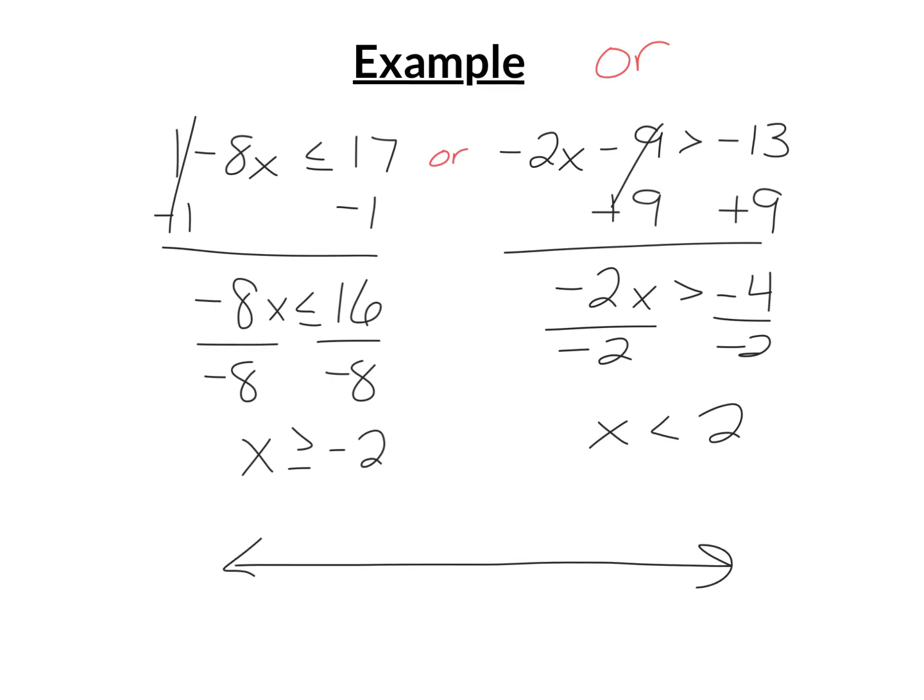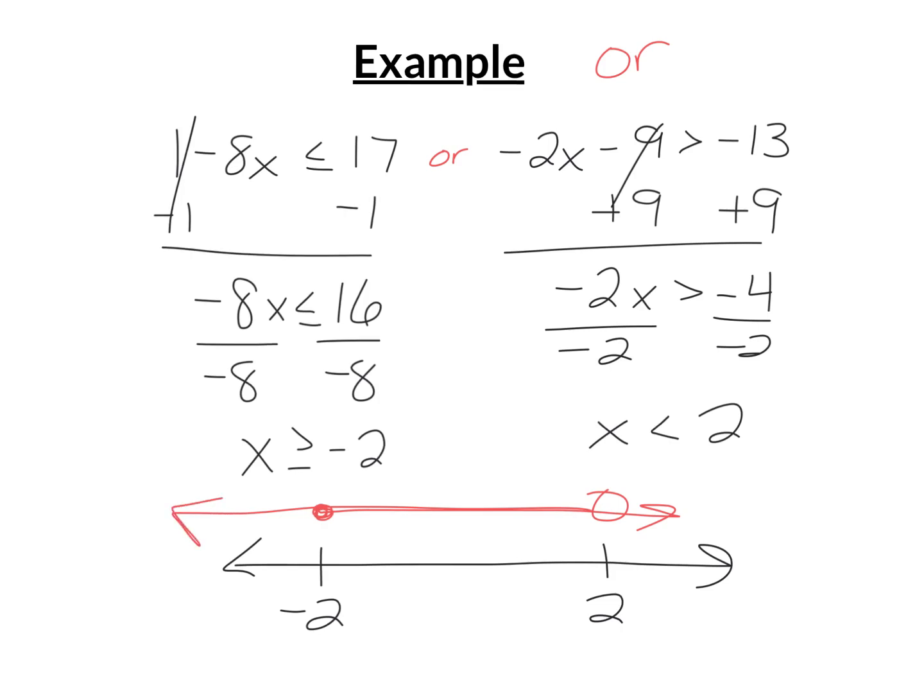Okay. What is this graph supposed to look like? They're going to go away from each other. Negative 2. Open or closed? Closed going to the right. Positive 2. Open or closed? Open and it's going left.